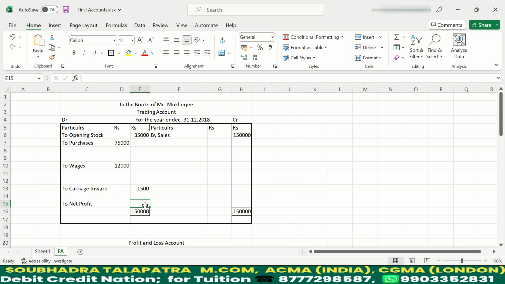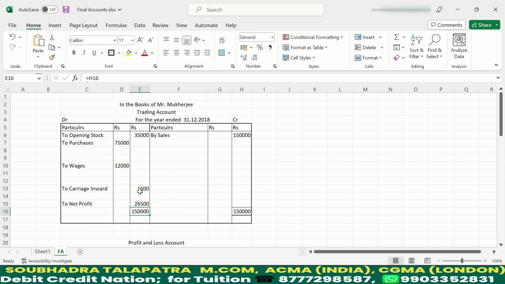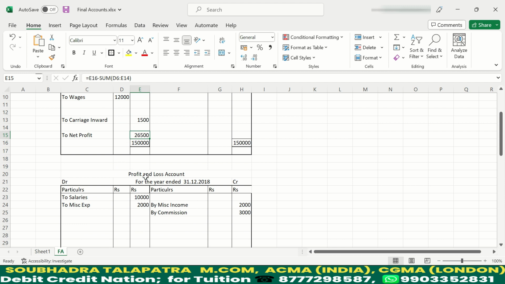So here I am putting the formula of 1,50,000 minus the sum of all inner and outer columns. Okay, so my net profit is coming as 26,500. So I can call it profit and loss account, within brackets, sorry, it is gross profit.